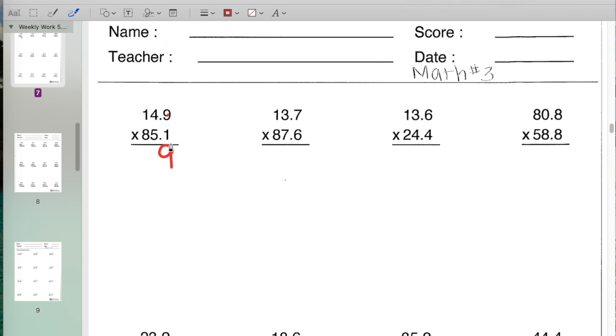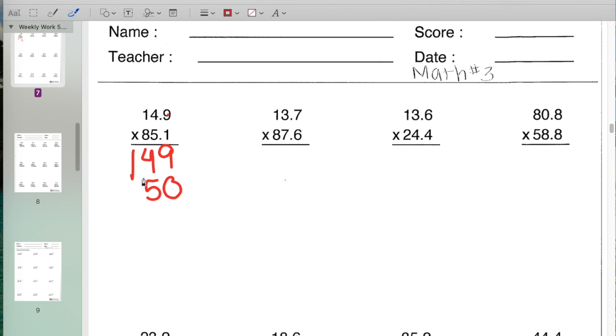Then we're going to move over to 1 times 4, which is 4, and then 1 times 1, which is 1. Now you need to put in your placeholder down here, just 1, 0 for this one, and you're going to do 5 times 9, which is 45.